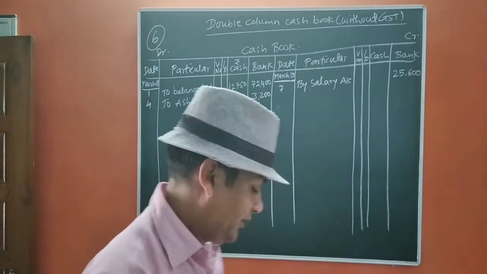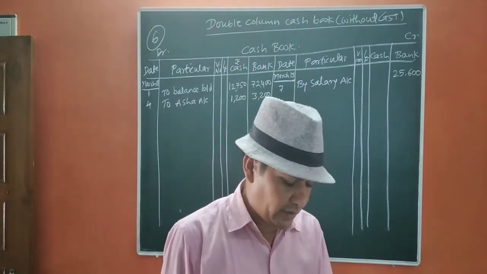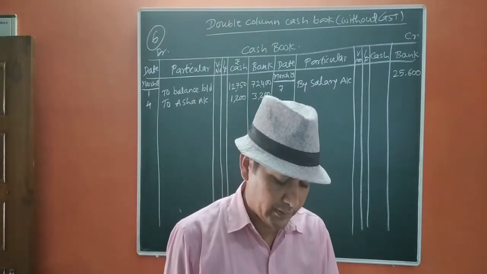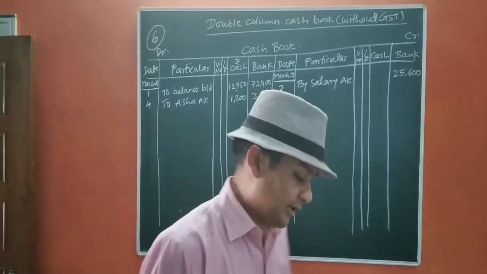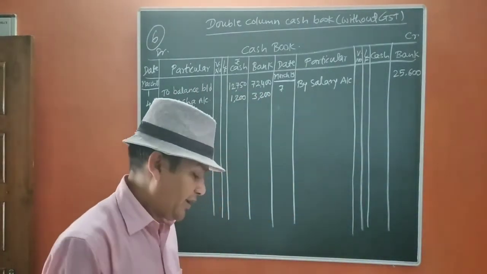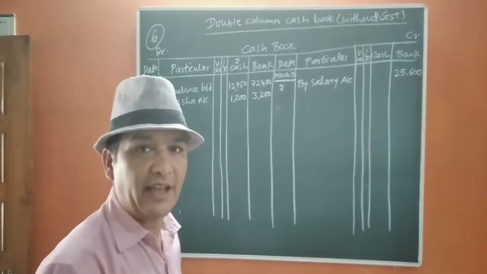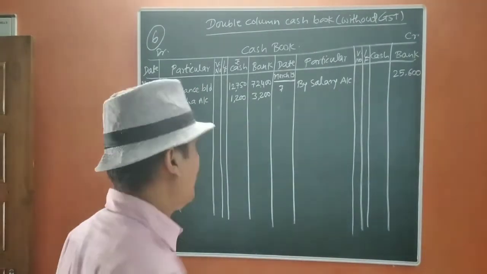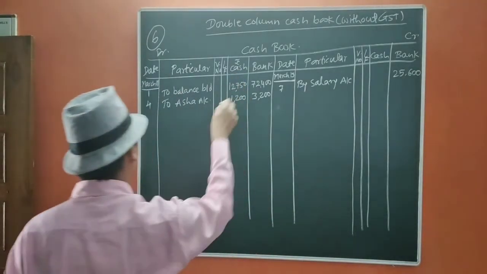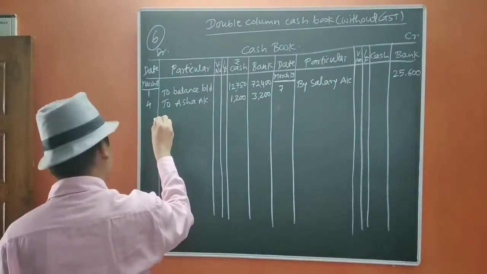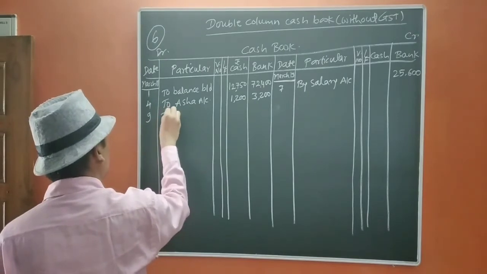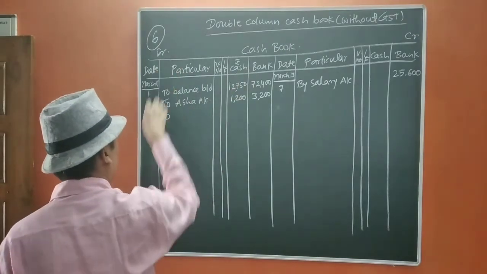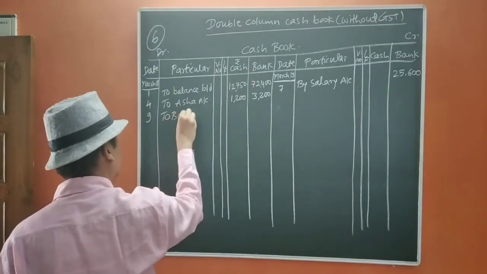Then 9, withdrawn cash from bank for office use 21,900. Okay, so withdrawn cash from bank, that is cash account debit to bank. This is contra entry. You should remember this is contra entry. So on 9, to cash, note debit to bank account.